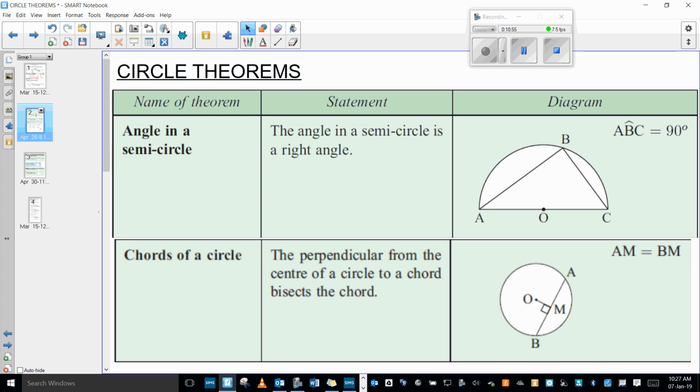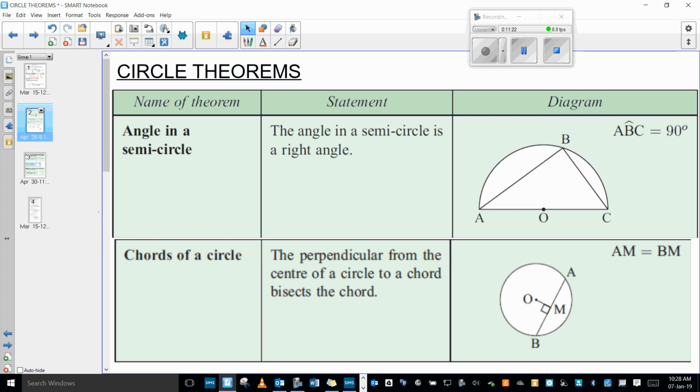We need to remember the reasons, and then there's workings for them. Remember that the reason is not your working out. The reason is, for example, this first one, that the angle in a semicircle is always 90 degrees at the circumference edge.